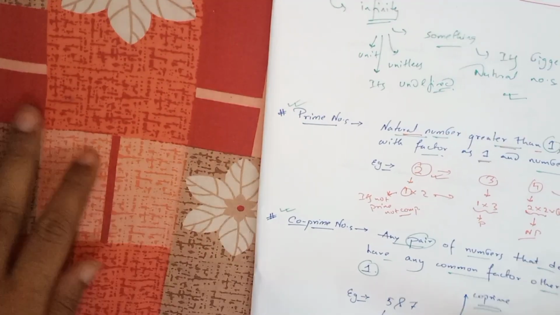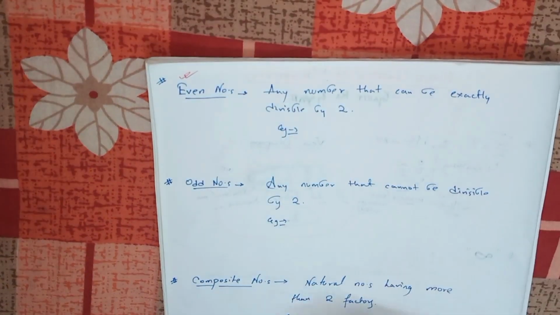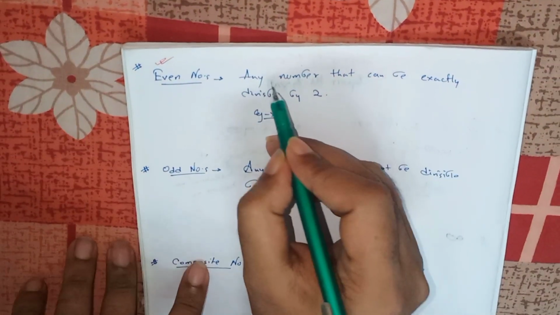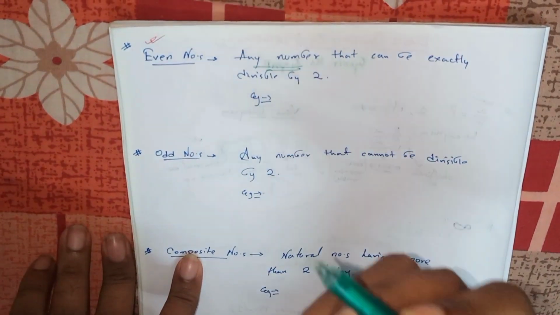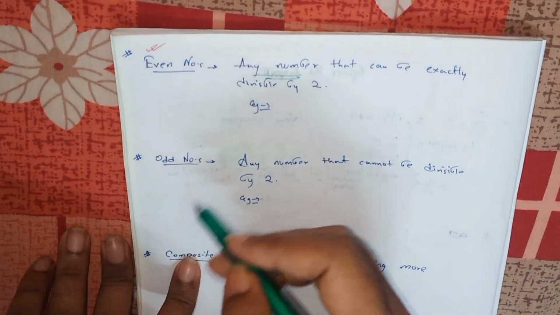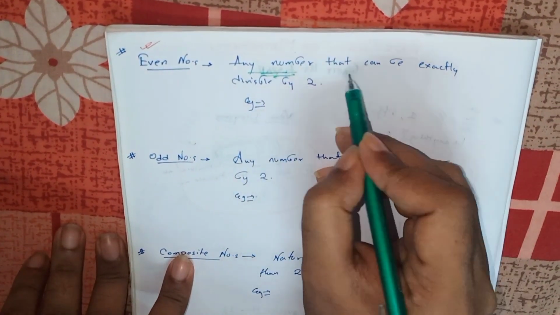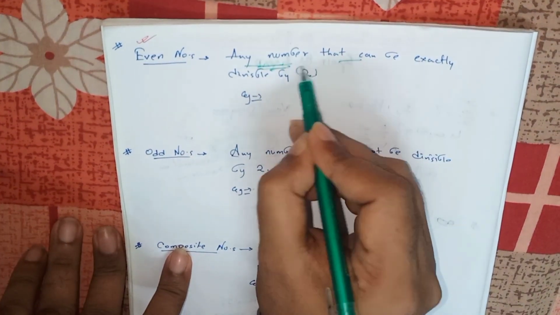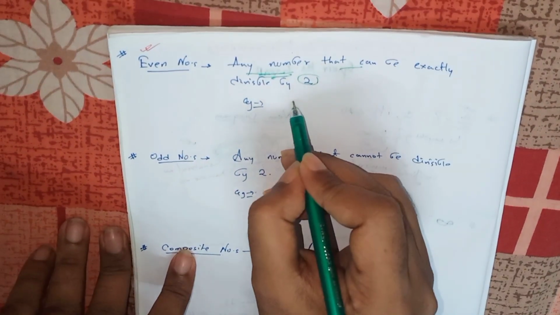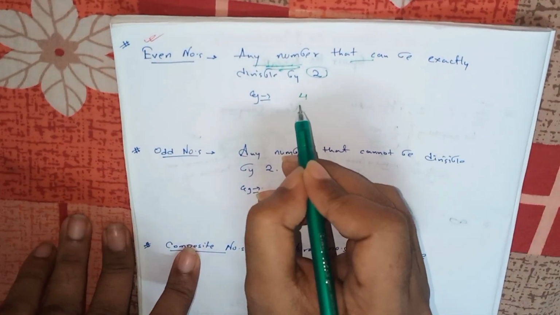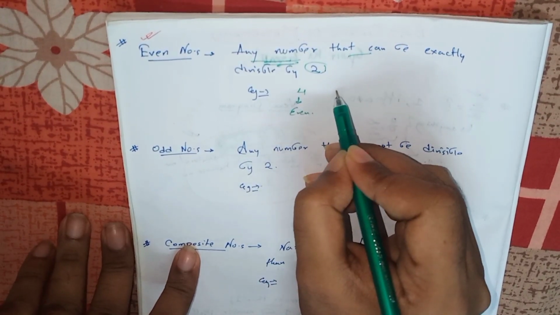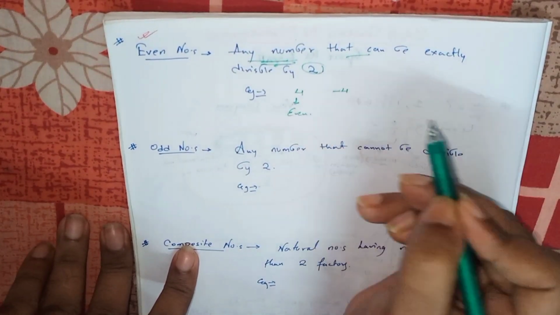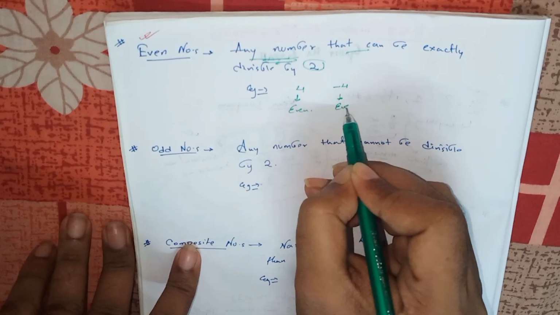Got it? Now what are even numbers? It's any number. Here there is nothing written as rational number, natural number or whole number. This is any number that is exactly divisible by 2. That means if you consider 4, it is divisible by 2, an even number. And if you consider the negative part of it, negative 4, it is also even.